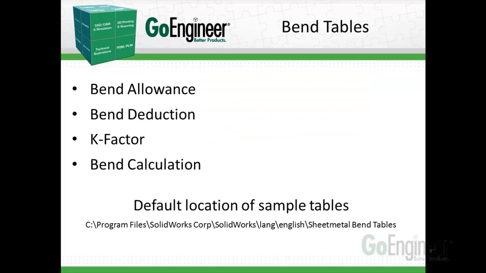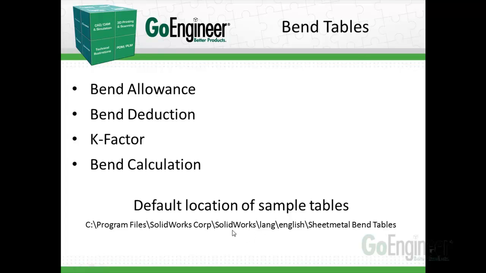The other thing I want to cover is what we call bend tables, and bend tables are particularly useful if you are using a bend allowance or bend deduction to determine your flat patterns, and you have parts of different thicknesses, and then of course you might have different radii within those parts. There are sample bend tables provided with SolidWorks, in the location at the bottom of my screen.